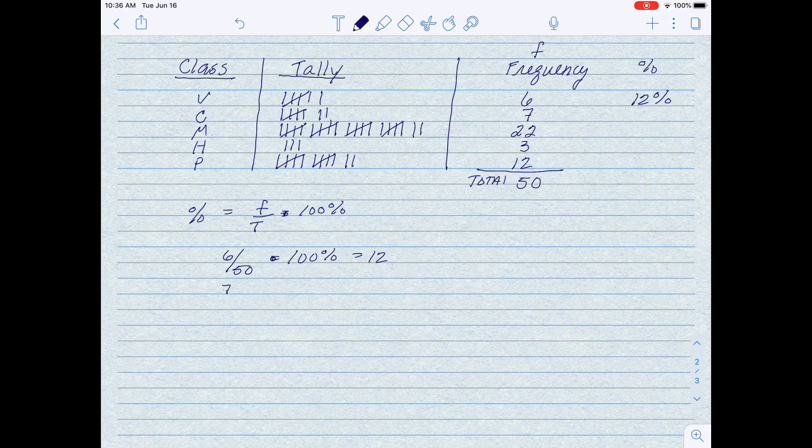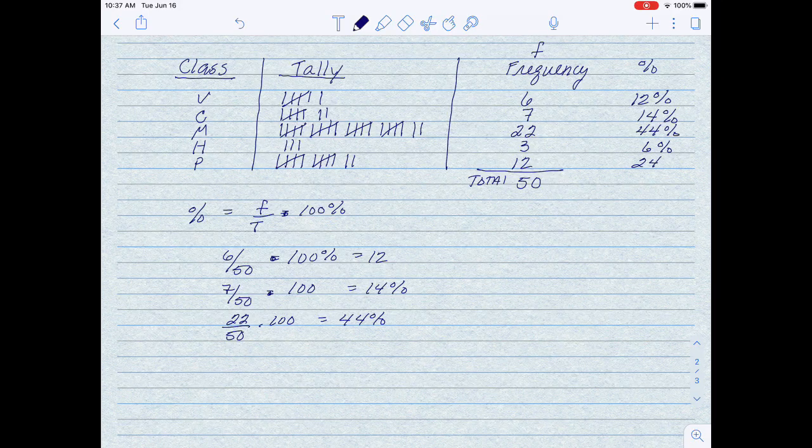And then we're going to do that for each of these. So 7 divided by 50 times 100 is going to be 14%. 22 divided by 50 times 100 is 44%, and just go on down the line. So we get 44%, 6%, and 24%.